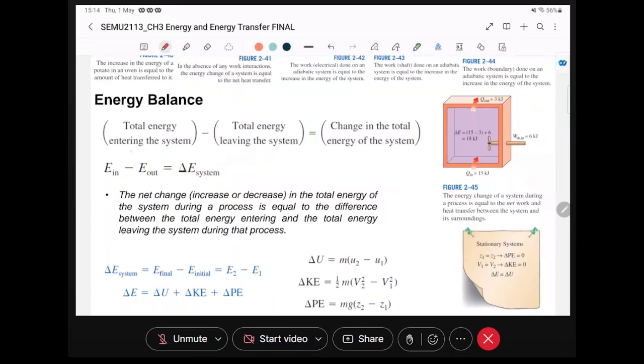It says that the total energy entering the system minus the total energy leaving the system must equal the changes in the total energy in the system. So the changes must be the net, the imbalance between the in and the out.